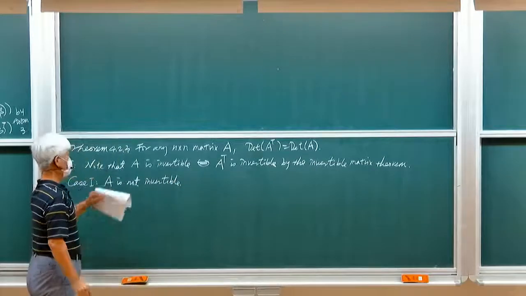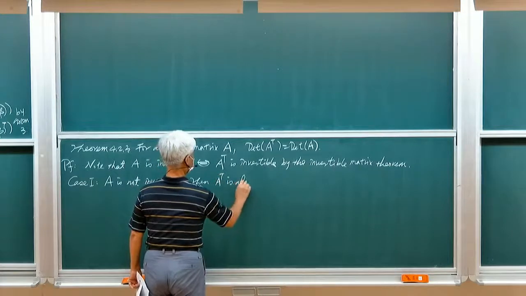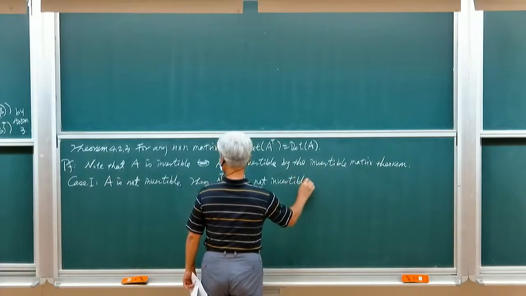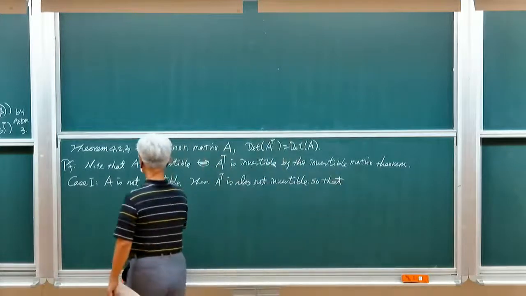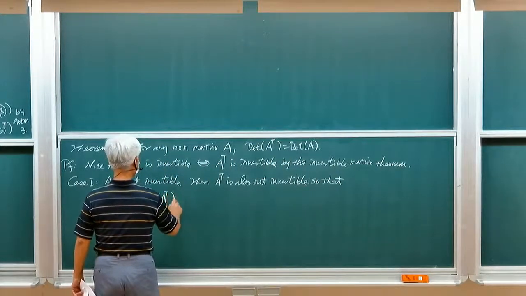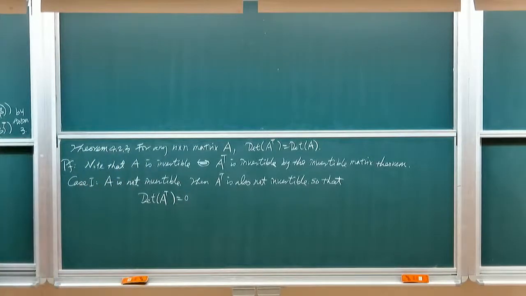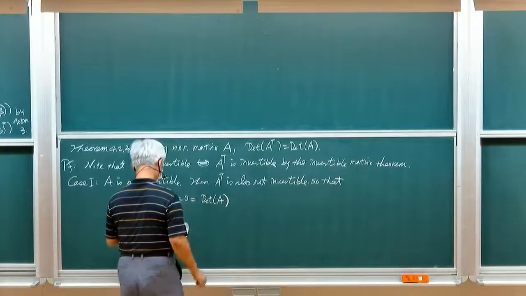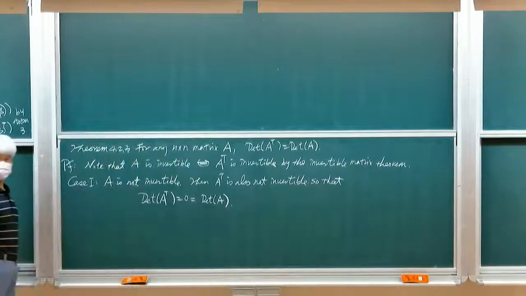When A is not invertible, then A transpose is also not invertible, so that the determinant of A transpose is 0, because we have proved already that if a matrix is not invertible, then its determinant is 0. Okay. All right, so it's easy.